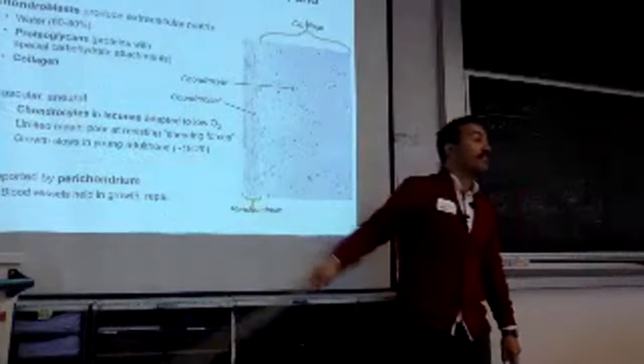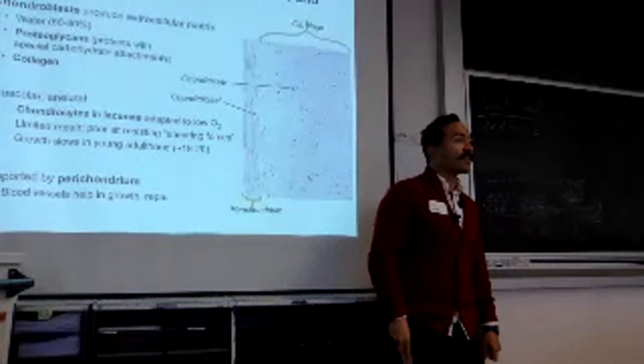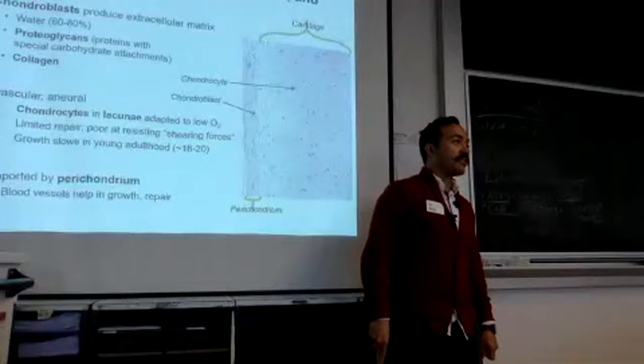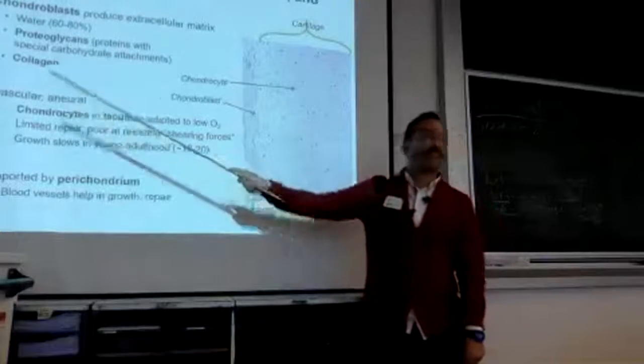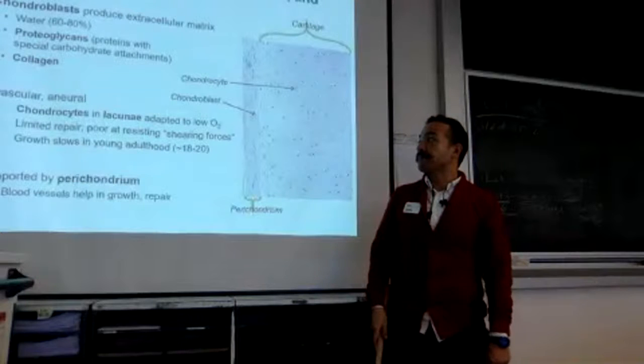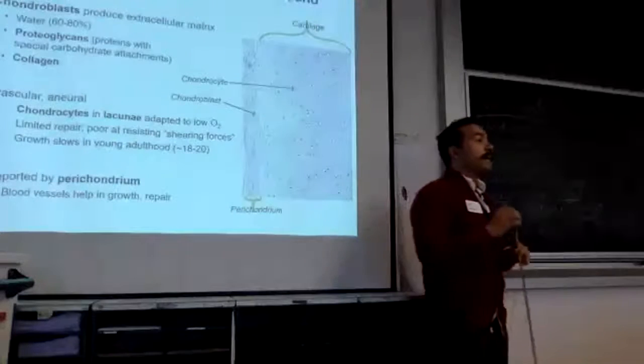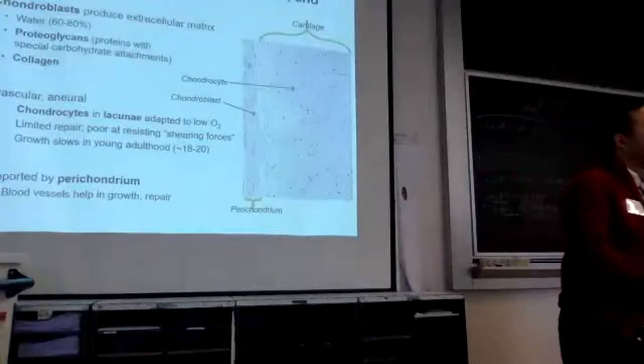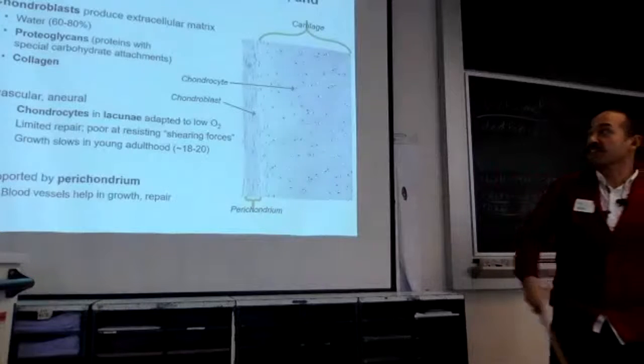It is avascular. If you tear cartilage, like if you've torn your meniscus, it doesn't heal very well. It's also aneural, so you don't feel pain in your cartilage, but you feel pain elsewhere surrounding it. It doesn't heal well, but it does get oxygen and nutrients.